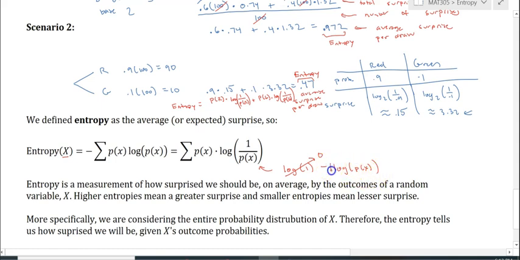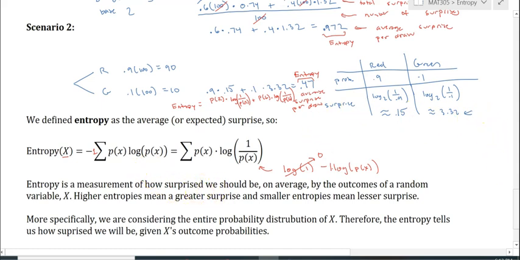And so simply by taking that negative 1 and factoring it out front, like we have it here, you could also write it as p of x times the log of p of x. Which one you use doesn't make a difference. They're exactly the same. This one kind of emerges a little bit more naturally, but they both produce the exact same measure.